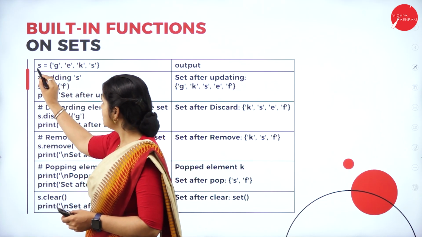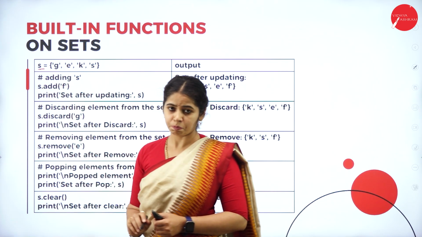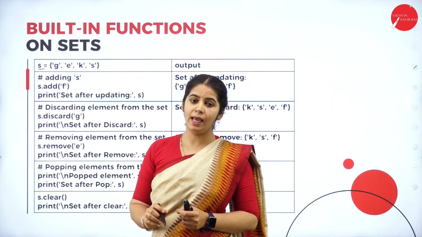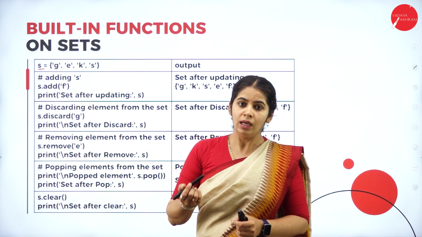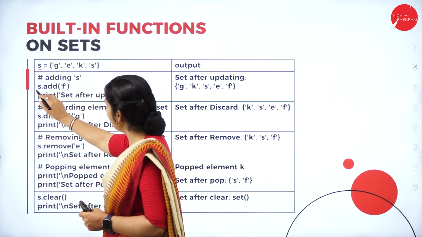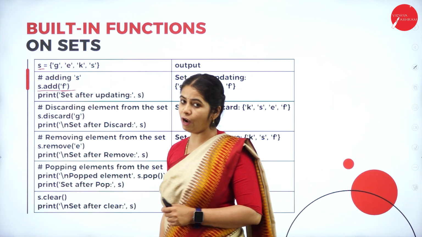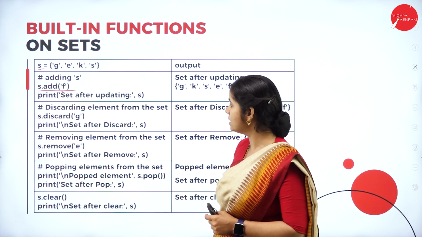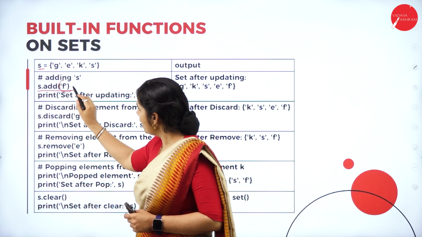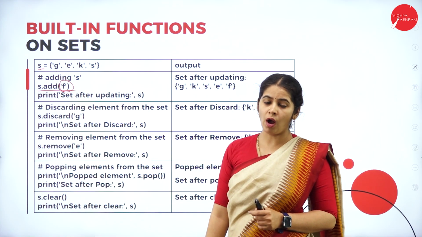See here, S is a set having the elements G, E, K and S. What are the elements we have in the set? G, E, K and S. If I use the add function on the set S, it will add what I'm adding.